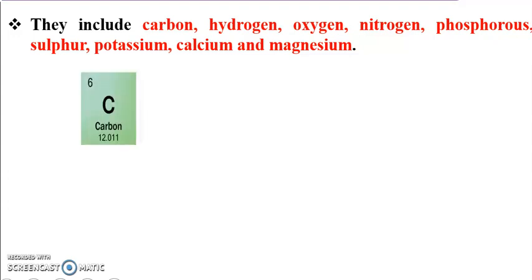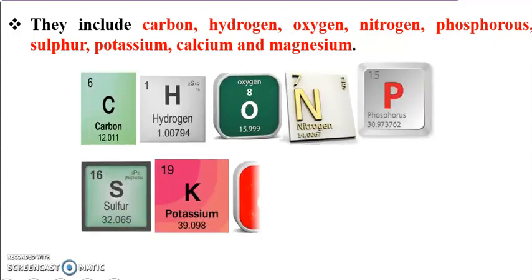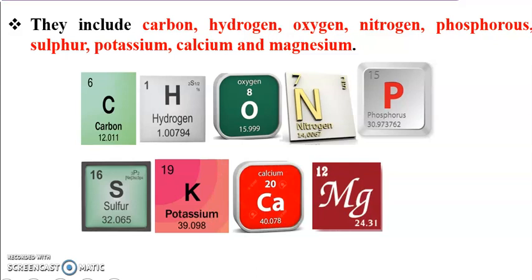So how many are there in total? Let's count them: 1, 2, 3, 4, go on, do it everyone. So their number is 9. So you have 9 macronutrients that are required by the plant.